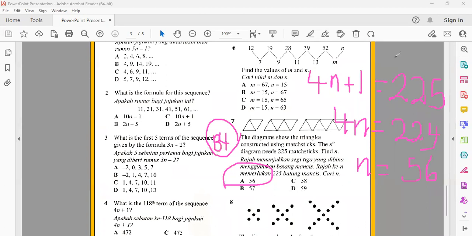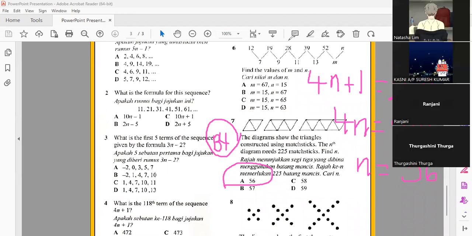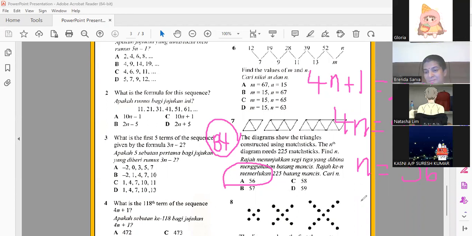Can answer or not? What do you think about it? Yeah, congrats. Very good. You could do it. Kashni, Ranjani, Durgashini, Natasha, how you girls find this question? Difficult? Can do? Challenging? Do you need a re-explanation?